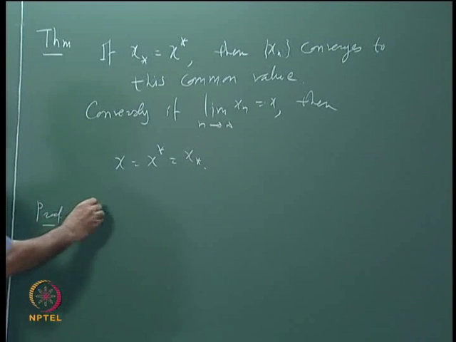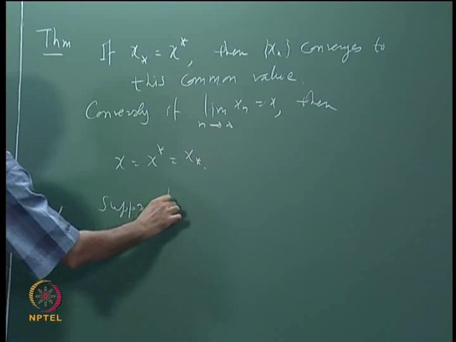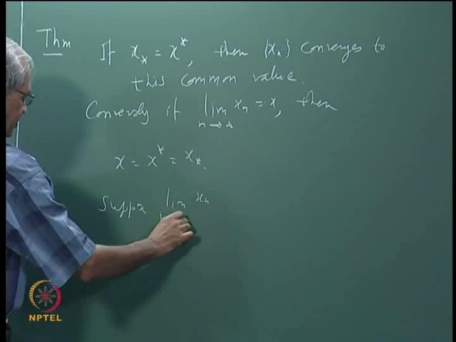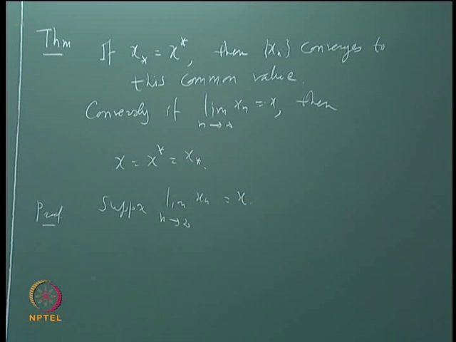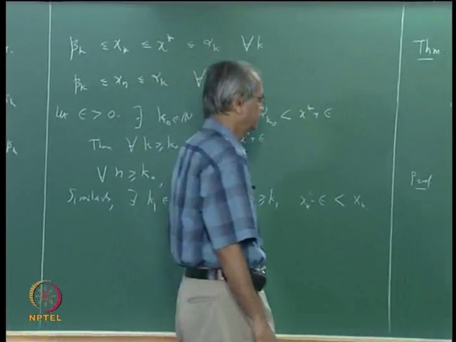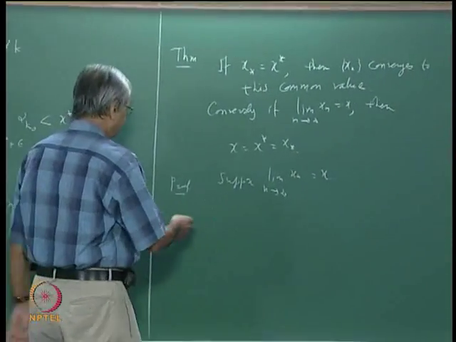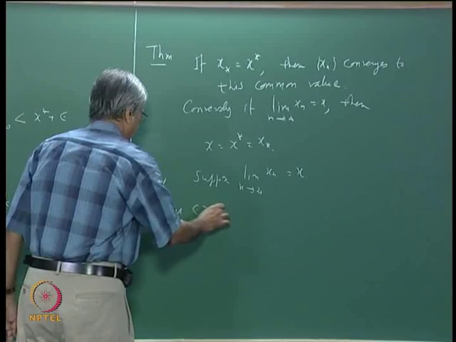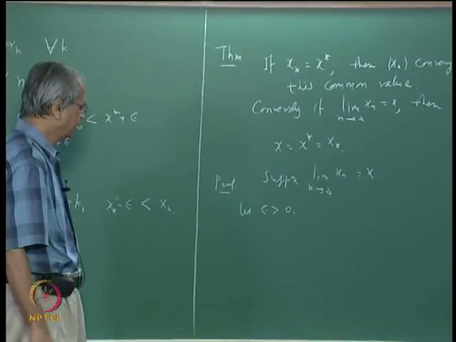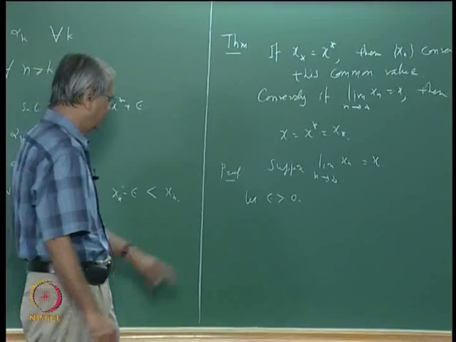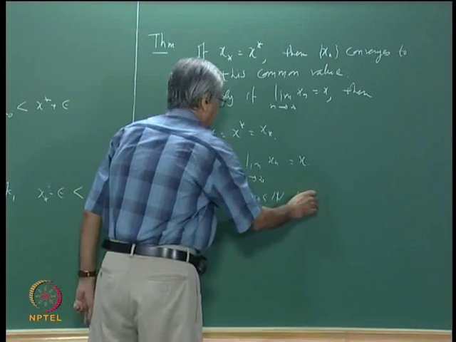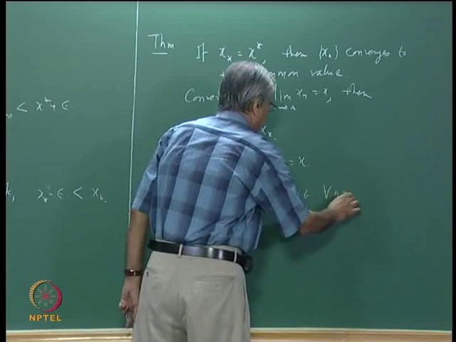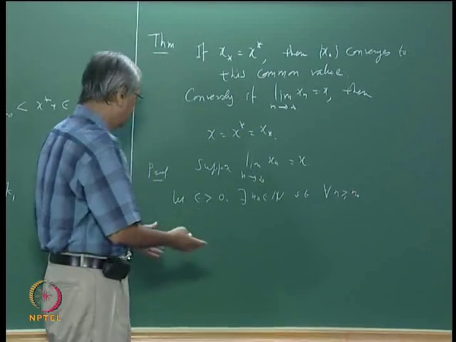Suppose limit of xn as n tends to infinity is equal to x. Let us take some epsilon bigger than 0. Then we know that for this epsilon, since this happens, there exists n0 in n such that for all n bigger than or equal to n0, we must have mod xn minus x less than epsilon.